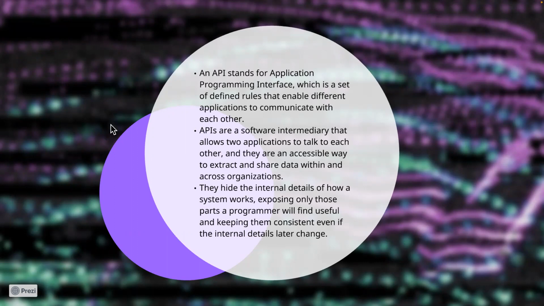It's a set of defined rules that enable different applications to communicate with each other. So an API is a set of rules that one application can get from another. So imagine you build an app, someone else builds an app, and you can incorporate their app into yours through an API.